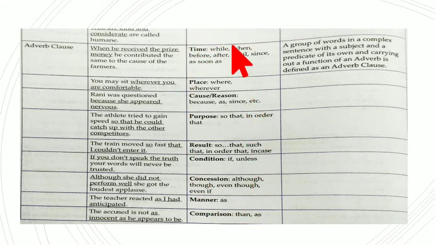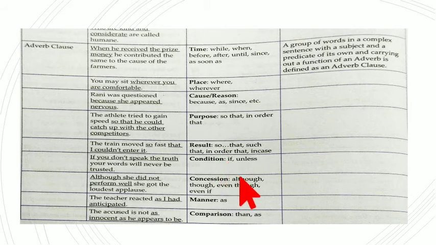So here also the same reasoning is applied: you may sit wherever you are comfortable. This example is of place. Cause: because, as, since. It is stating the reason. Rani was questioned because she appeared nervous. Now purpose, so that, in order that: the athlete tried to gain speed so that he could catch up with the other competitors. Stating the purpose.